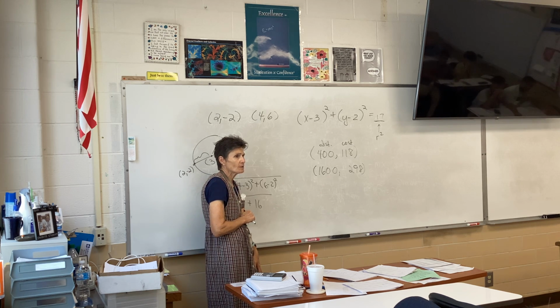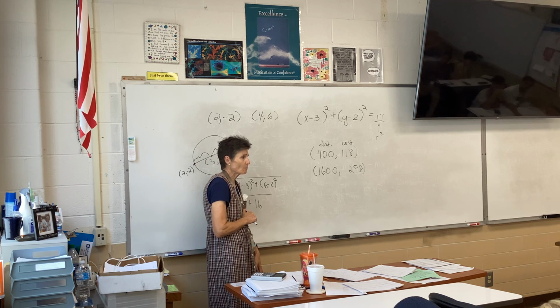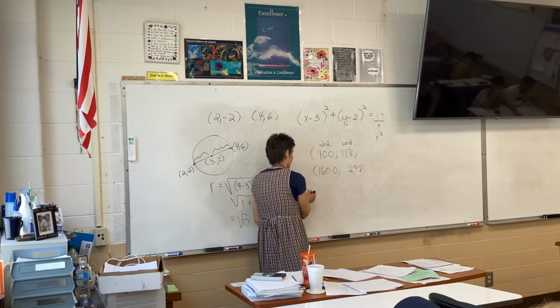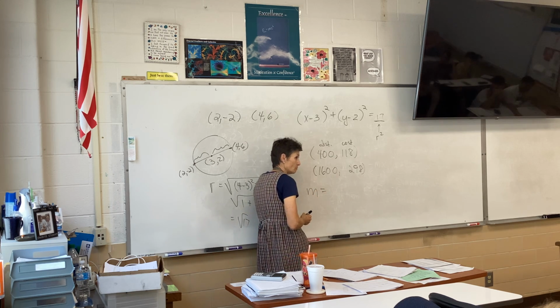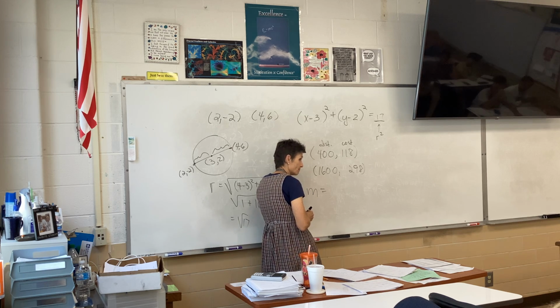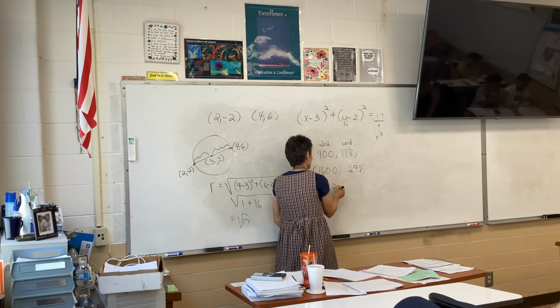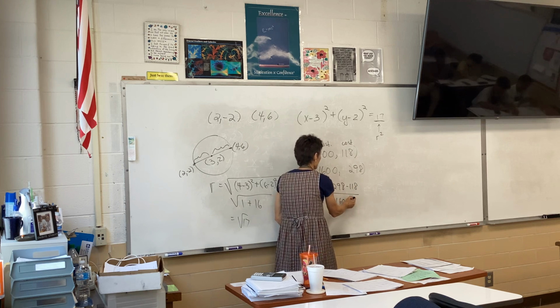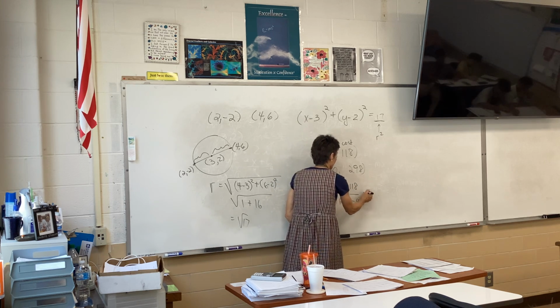Write the equation of the line? Just a fancy way of saying write a line? So how do we write a line? Start with the slope. So I'm starting with the slope: 298 minus 118 over 1600 minus 400.